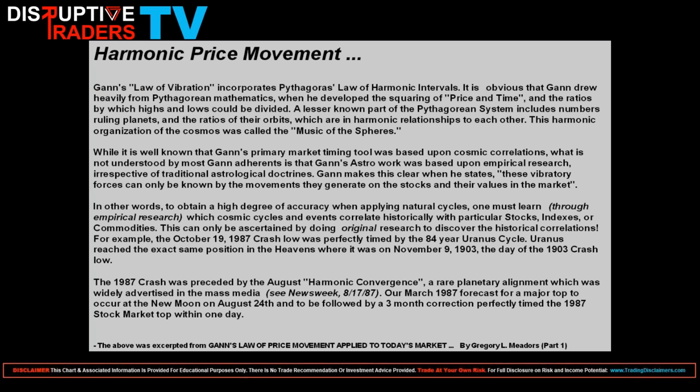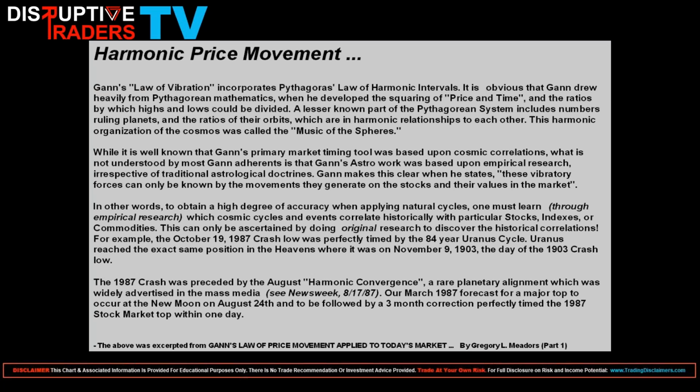While it is well known that Gahn's primary market timing tool was based upon cosmic correlations, what is not understood by most Gahn adherents is that Gahn's astro work was based upon empirical research, irrespective of traditional astrological doctrines. Gahn makes this clear when he states these vibratory forces can only be known by the movements they generate on the stocks and their values in the market.